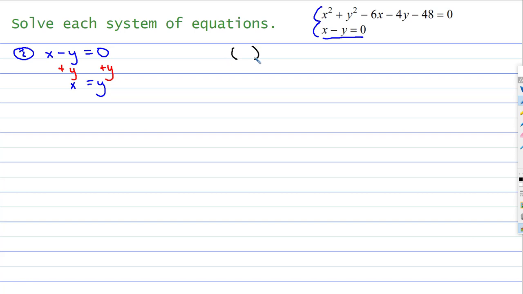So I have something squared plus y squared minus 6 times something minus 4y minus 48 is equal to 0. So everywhere I saw an x, I'm putting that y in its spot. So each of those somethings that I was looking at is going to be y.